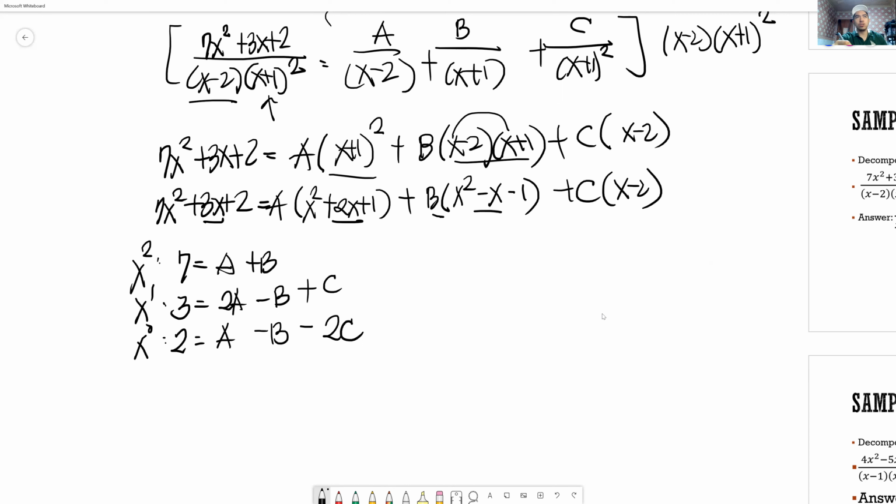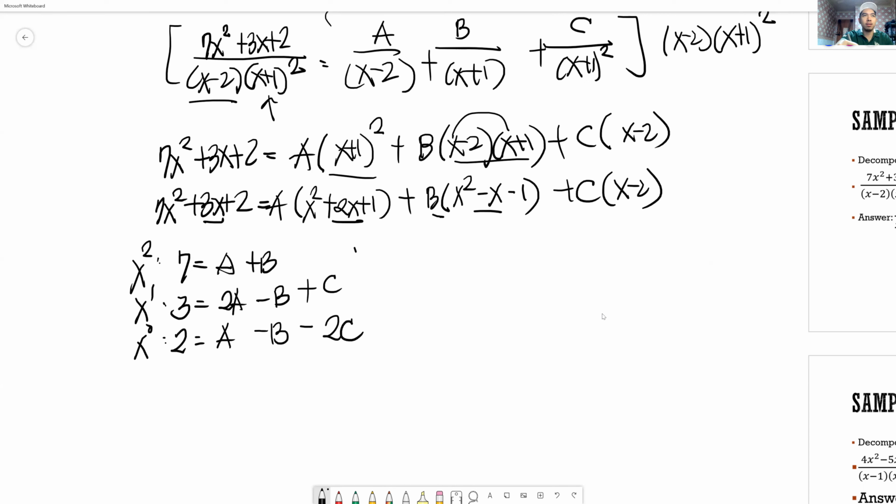Though we can also use substitution, it's up to you what is the more convenient process. For this one, I think using elimination would be a better option. Let's just use elimination for this one.